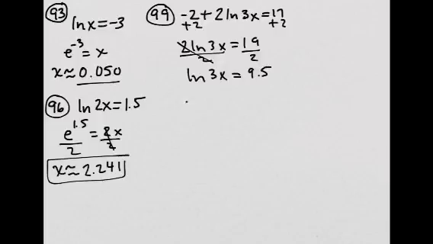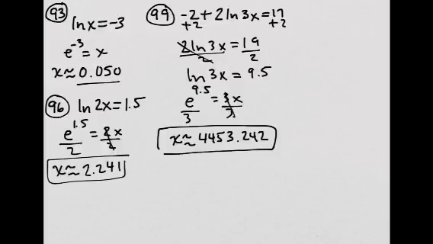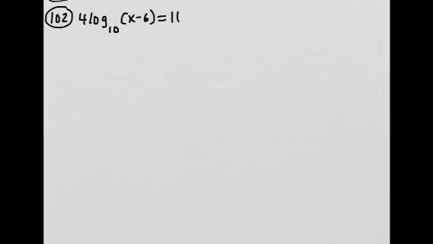So this becomes e to the 9.5 equals 3x. So I'm going to divide by 3 and then get a calculator to get the approximate value. So when you plug this into the calculator, you get 4,453 and 0.242. Alright, so for 102 I'm going to divide by 4.